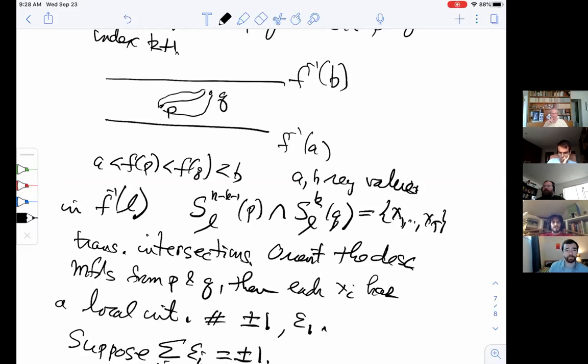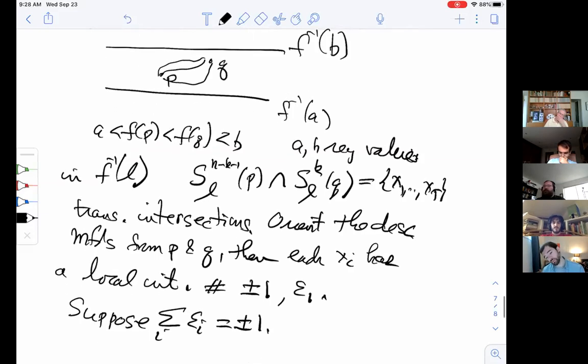Each one comes with a sign, determined by choosing orientations of the descending manifolds of P and Q. If I reverse those orientations, I'll change all the signs by the same amount, so I'll change the overall sum by a sign. So the statement that the local intersections add up to plus or minus 1 is independent of how you choose to orient things.